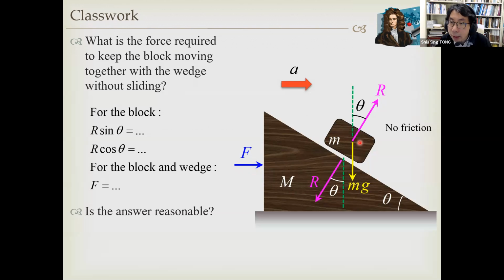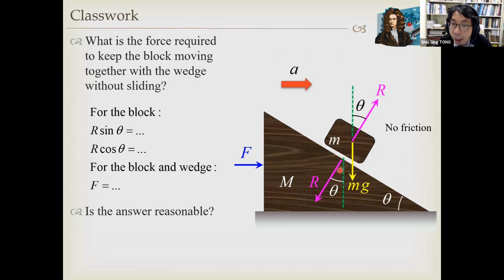Now, I draw the free-body diagram for you. For the wedge, there's a horizontal force F, and there's a normal reaction because I assume the surface to be frictionless. So the only interaction force between the block and the wedge is the normal reaction. And so there's a normal force pressing down on the surface of the wedge, but that is normal to the surface.